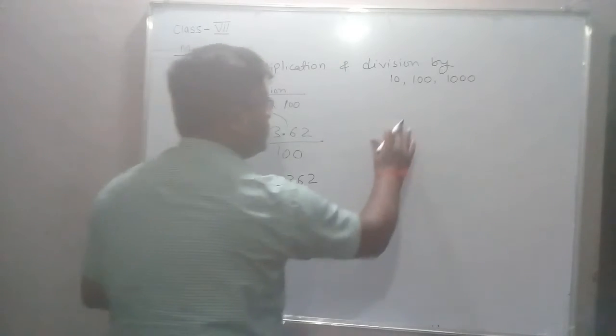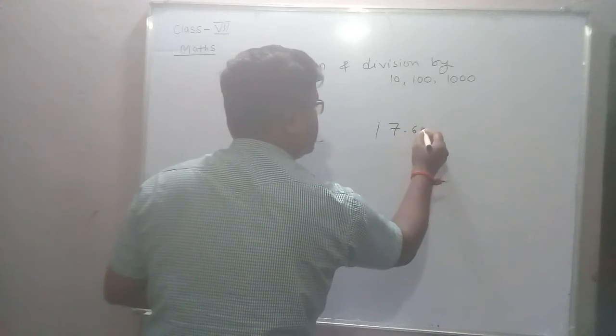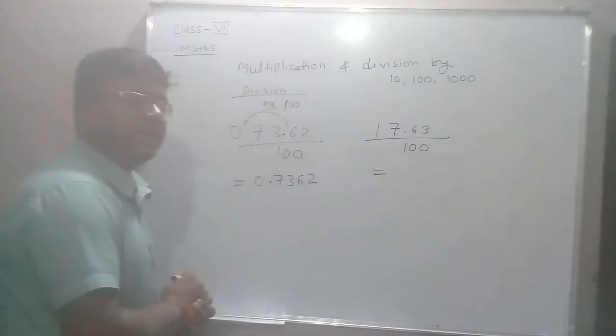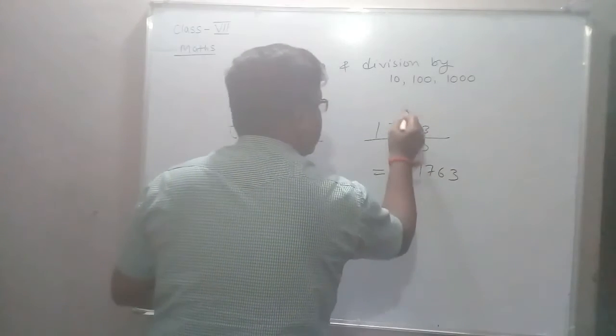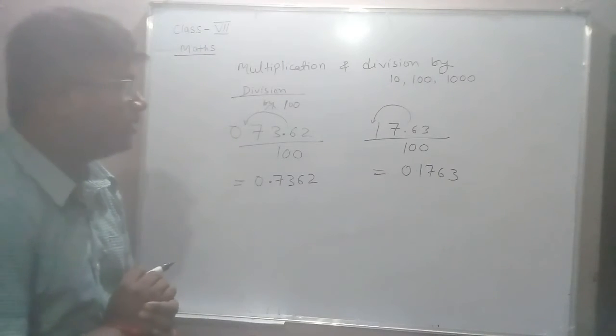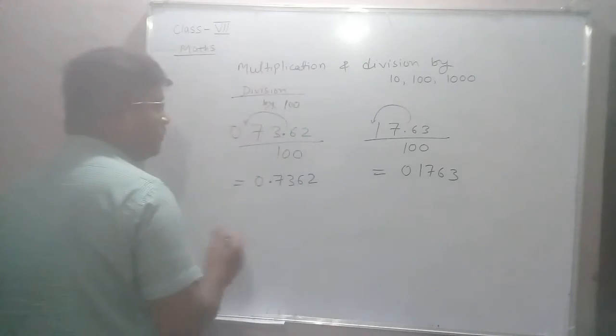Let's see one more example. 17.63 divided by 100. You can directly tell me the answer, 0.1763. We are transferring this decimal towards the left after 2 digits. Is it clear now? I hope it is clear for all.